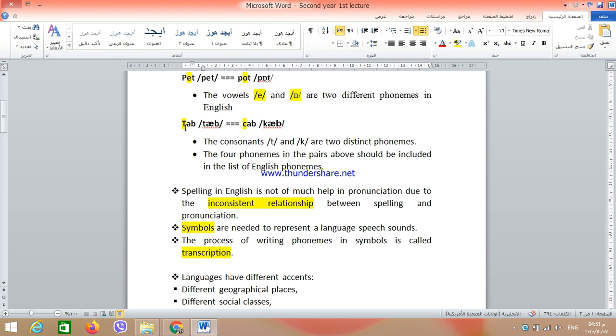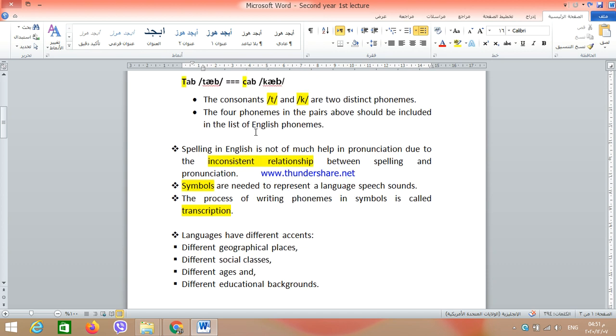The only difference we have here is in the consonant in the onset position, or the consonant that precedes the vowel: t in tap and k in cap. So when we change from t to k or k to t, we have a difference in meaning. So again, we can conclude that t and k are two different phonemes.